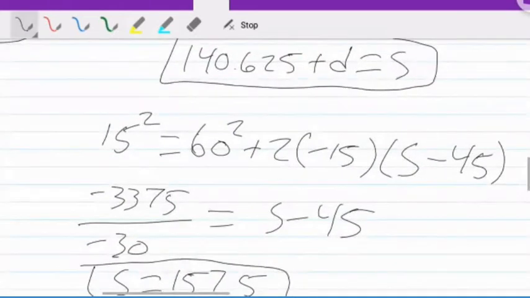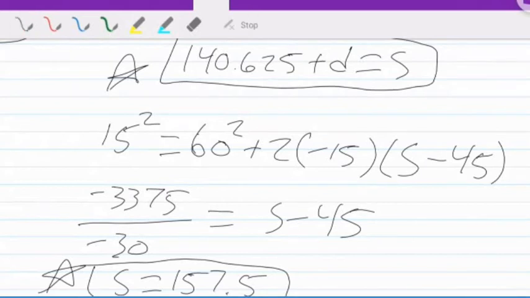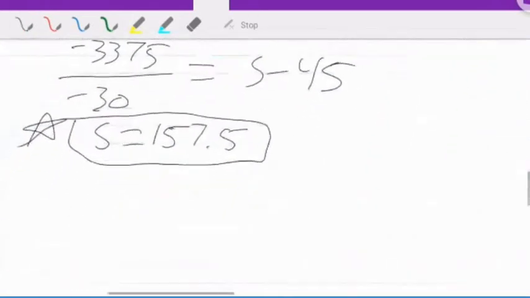So now this displacement and this displacement are equal. So once again, you just set them equal to each other.